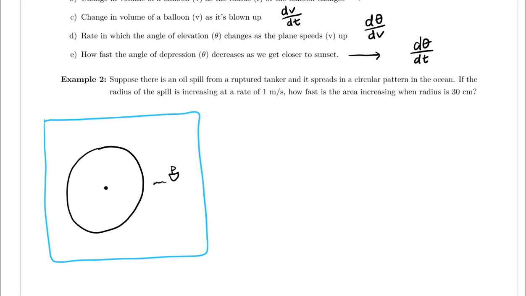But essentially, we have a couple of things. So we talked about the first step being drawing our diagram. And then the next thing that we could do is organize what is being asked of us. So I want to define a few variables. It says how fast is the area, and so because we're talking about a circle, we can define that later, but capital A, I want this to represent the area of the circular oil spill.